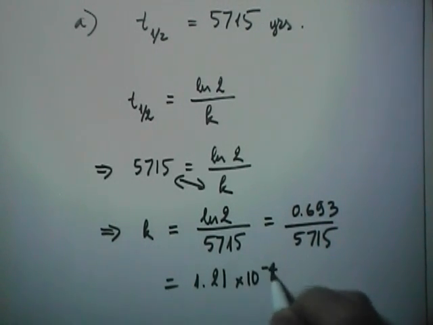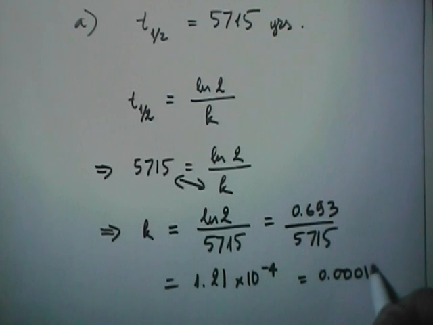Now, I hope you are not surprised about this notation. This is called scientific notation. It just means 0.0000121. But instead of writing it with that many leading zeros in front of the 121, we decide to move the decimal point 4 units to the right.